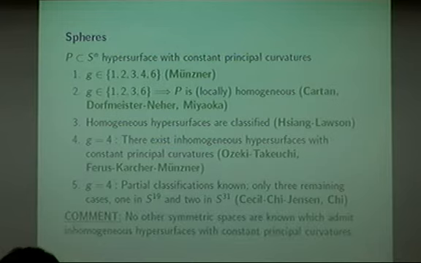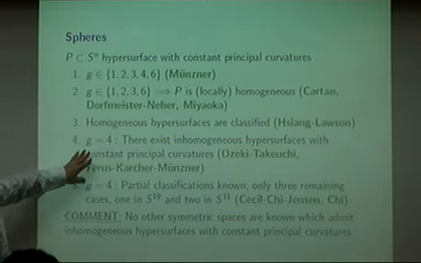And again, here is a comment. It's a nice, interesting problem, but I think a very difficult problem, that no other symmetric spaces are known which admit inhomogeneous hypersurfaces with constant principal curvatures. So we saw in real hyperbolic space, Cartan proved they're always homogeneous. In the sphere, we see there are these inhomogeneous hypersurfaces which were constructed here.